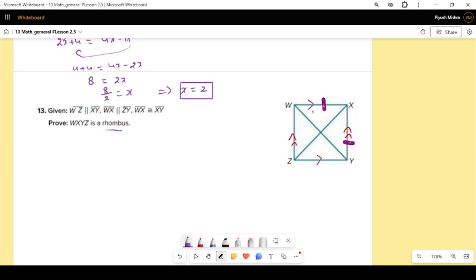Let's start here. I know that if opposite sides are parallel, it will be a parallelogram. Let us suppose this one is 1 and this one is 2. So from 1 and 2, WXYZ is a parallelogram.